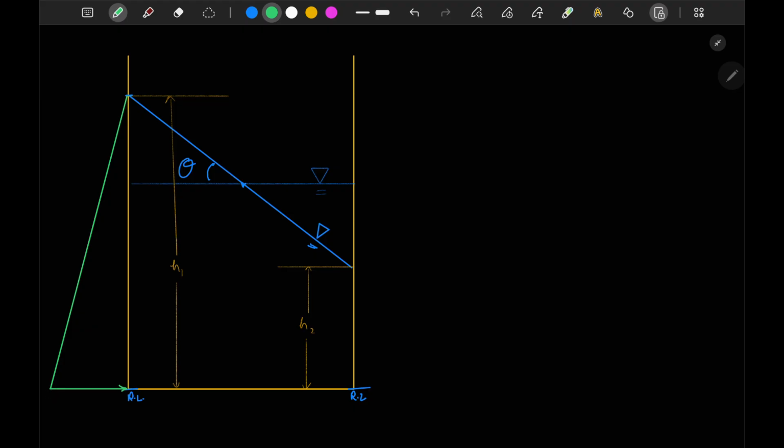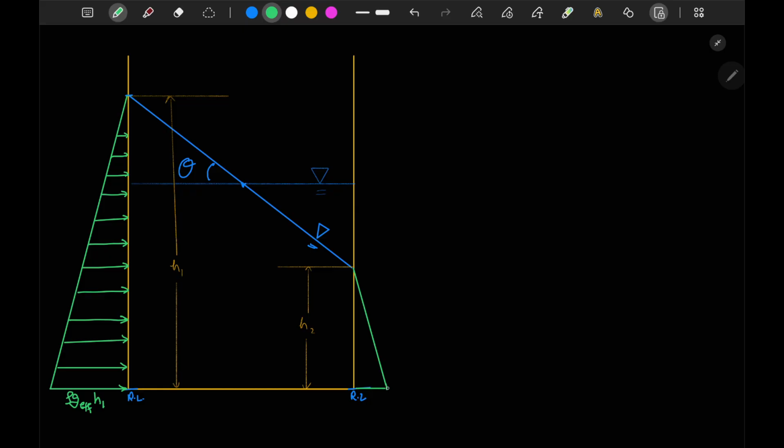The pressure at this point will be rho g, where g is g effective, times h1.